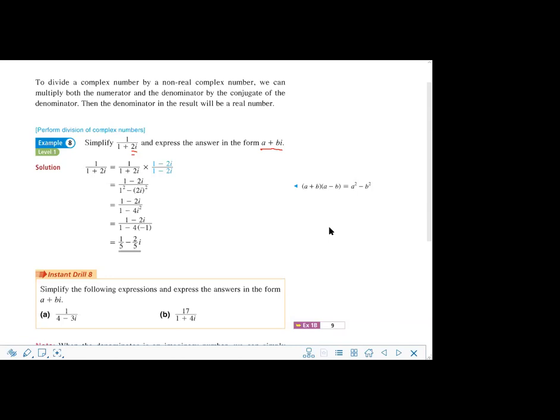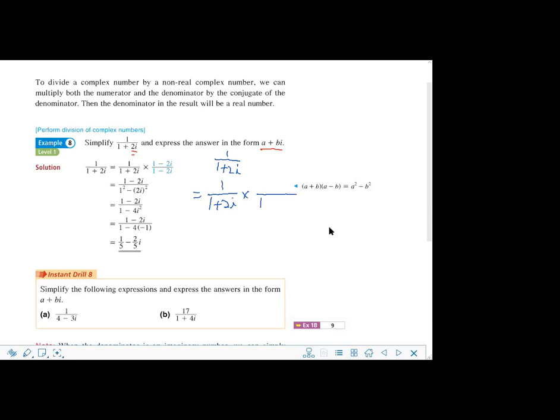and the method is very simple. So we are going to do it like this: 1 over 1 plus 2i is equal to itself multiplied by another fraction. Okay, and for the top part and the bottom part, we both use the complex conjugate.